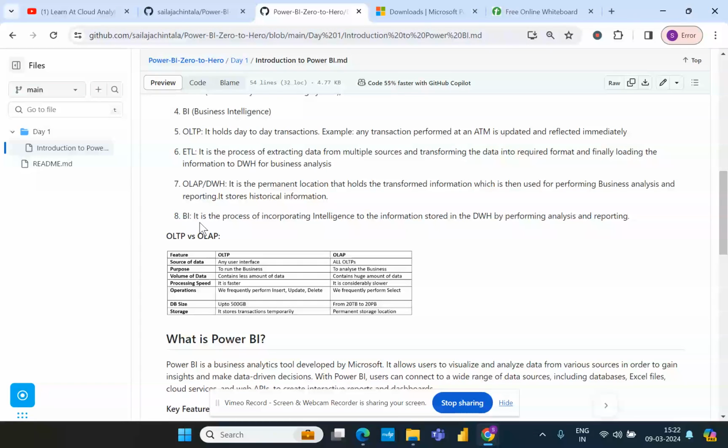But in order to analyze the business of a company, I might need to write some additional conditions or logic, and then present it in a way that gets all those questions answered appropriately. That is where I am incorporating some intelligence from me into the information stored in the data warehouse by performing the required analysis and reporting. So that is business intelligence.